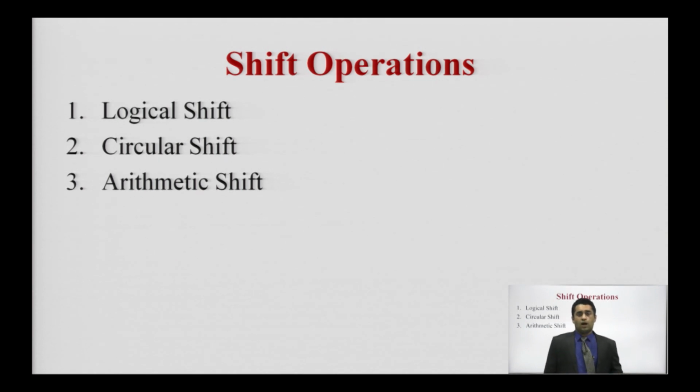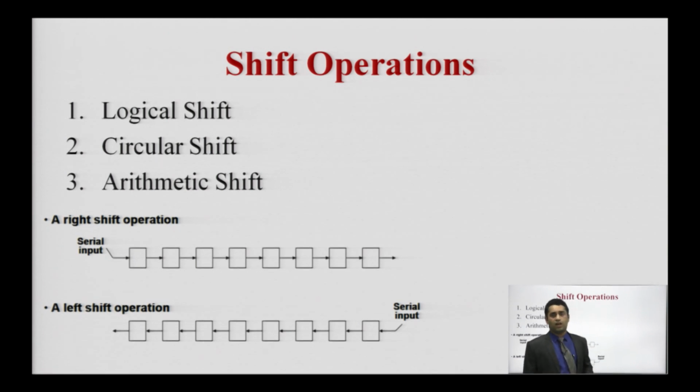Let's see how the right and the left categories are used when we are talking about this shifting, and what is the issue and what is the difference between these three parts. So, when we are talking about the right shift, it means we have a number of 8 bits and we are going to shift those numbers to the right side.